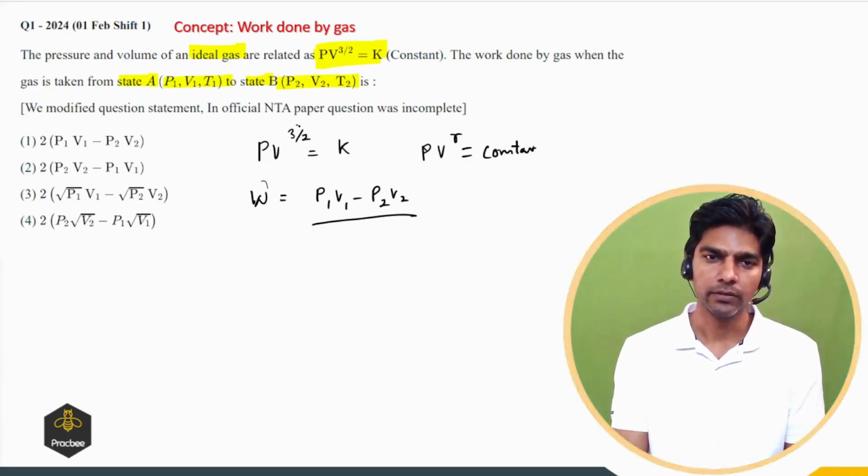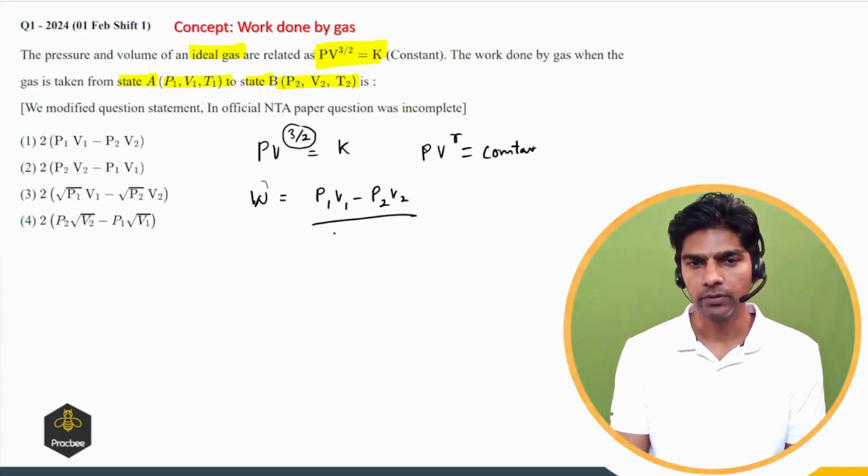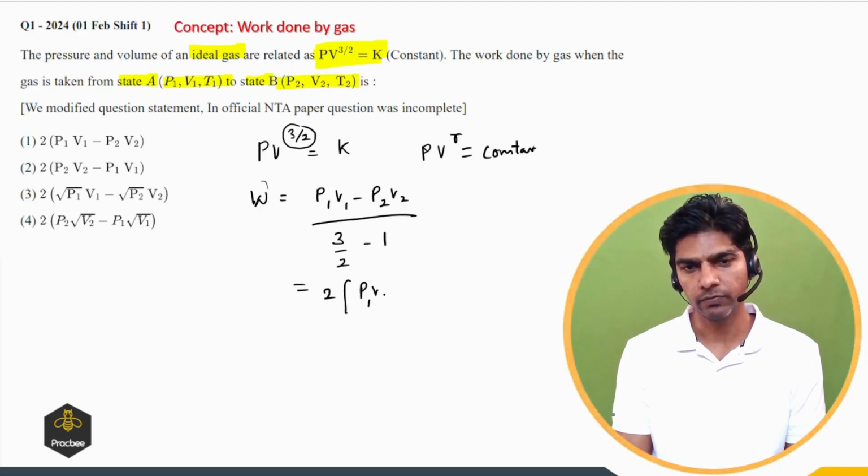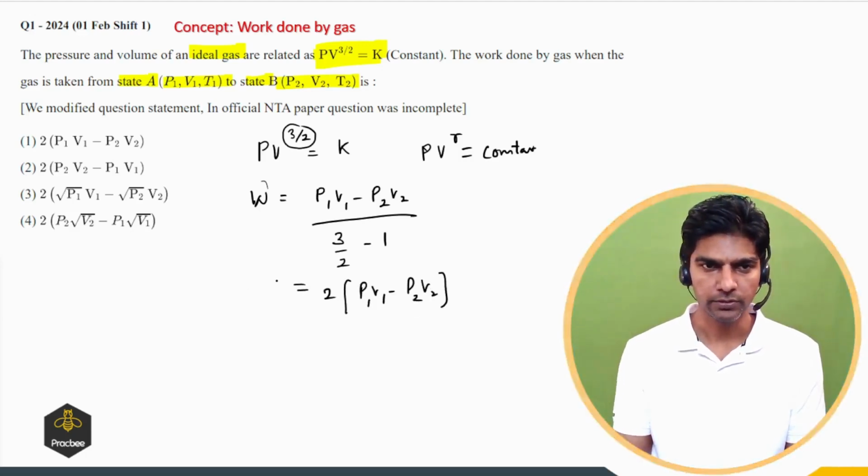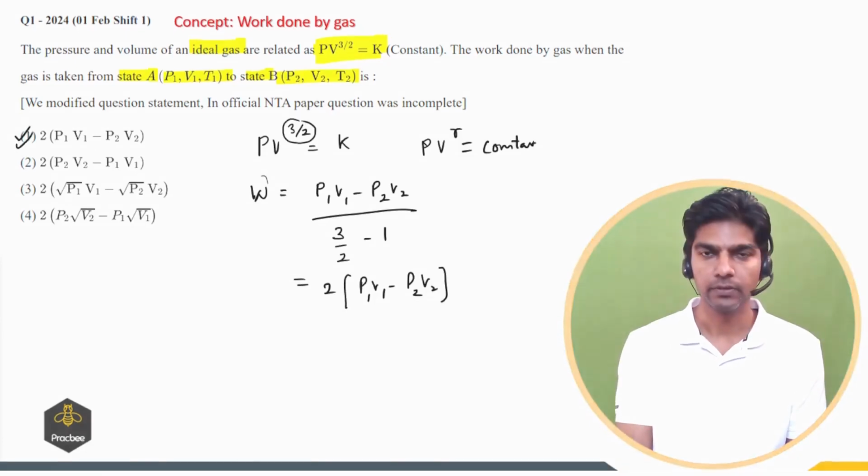So here we have 3/2, so we can write this as 3/2 minus 1. This comes out to be 2 times (P1V1 minus P2V2). Now if you look at the options, option 1 is the right answer.